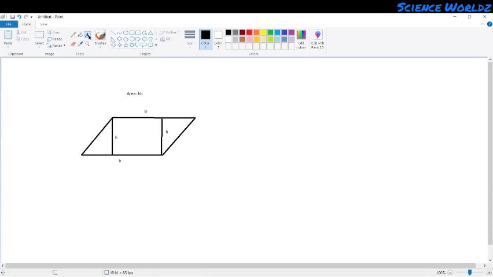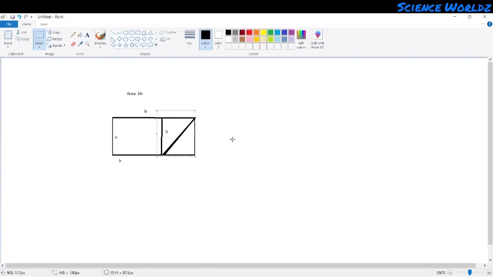Now here I think if I move this part of the shape to this part, then I will be neither adding nor removing any part. So it means that the area would be the same.